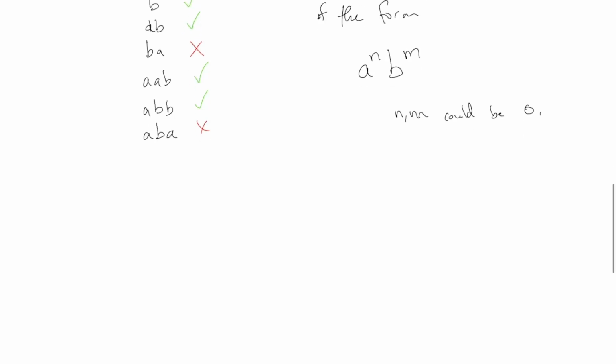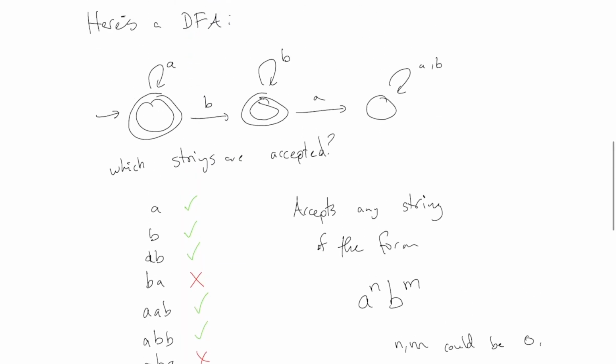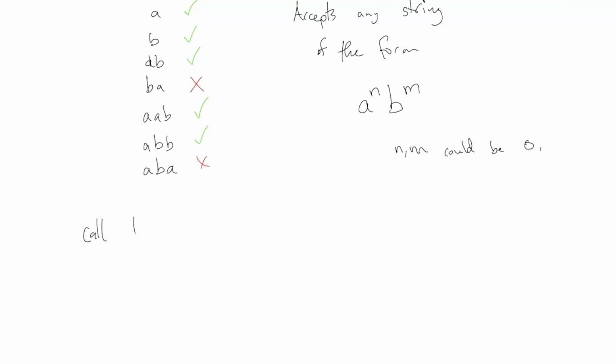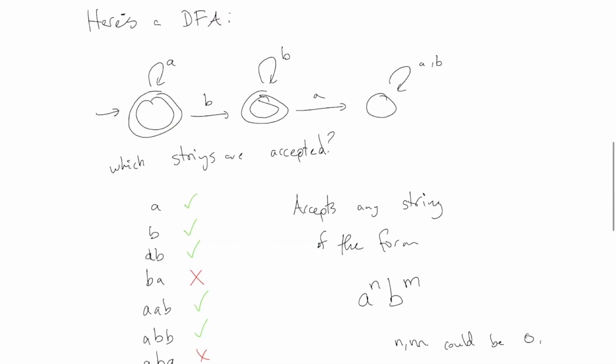So the way that we say this formally speaking, let's give this DFA a name as a variable, right? Call it M. So this is M. M is this DFA.